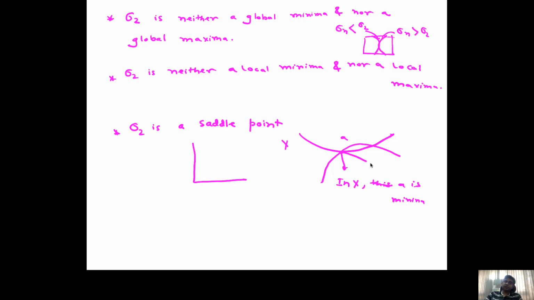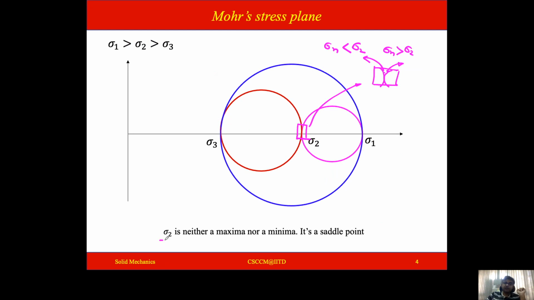If you draw it properly, it will look something like this. And in the Y direction, A is maxima. Under this condition, you get the derivative equal to 0, and this point is known as the saddle point. So sigma 2 is neither a maxima nor a minima. It's a saddle point.